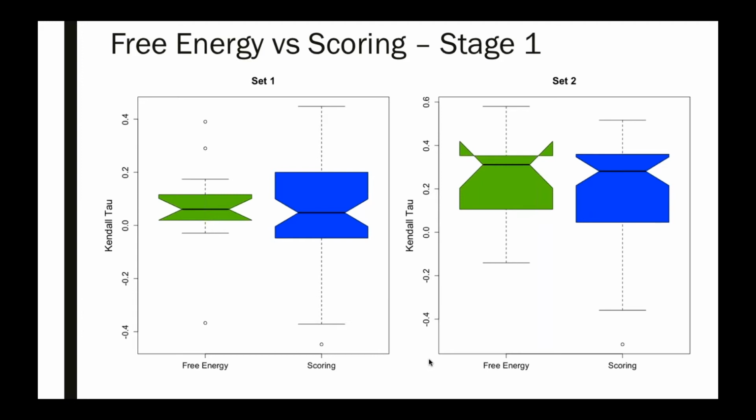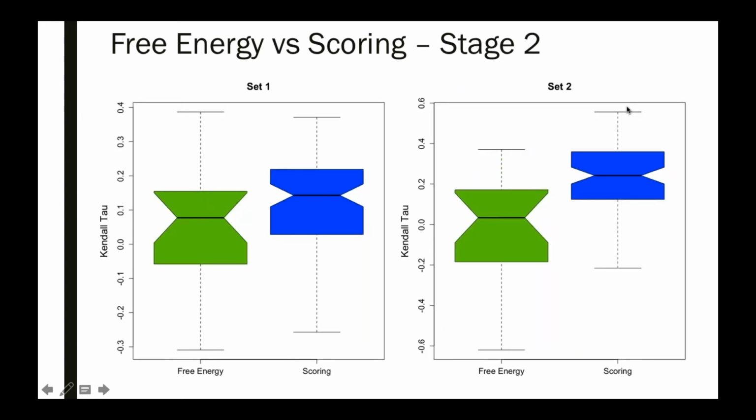You can see that for set 1, scoring did outperform the free energy in a couple of cases, whereas in set 2, if you look at the best performance, the free energy outperformed the scoring.